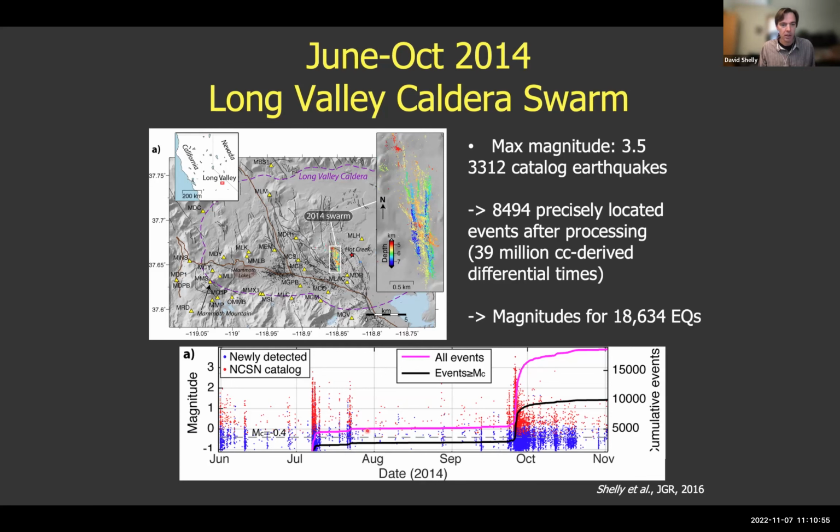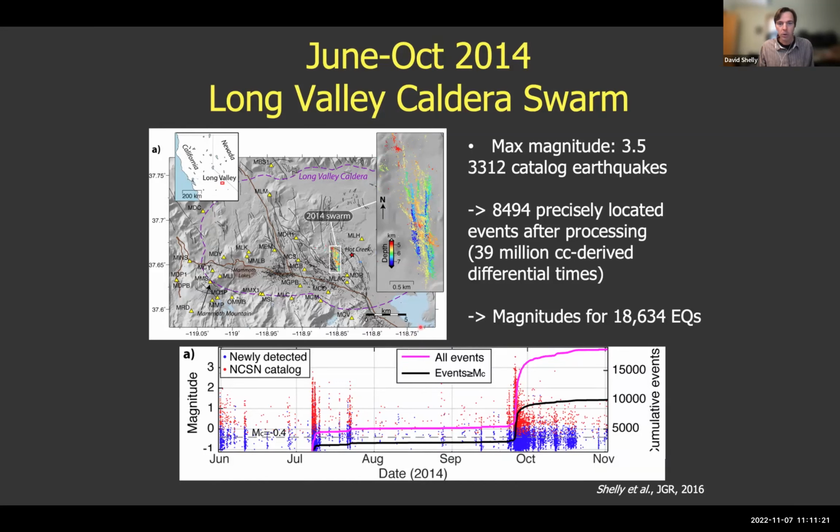There were these smaller seismicity sequences early on. This one in July, we thought at the time was a swarm unto itself. But then, little did we know that toward the end of September and in early October, there would be a much larger and more active sequence that would happen very nearby this earlier activity.